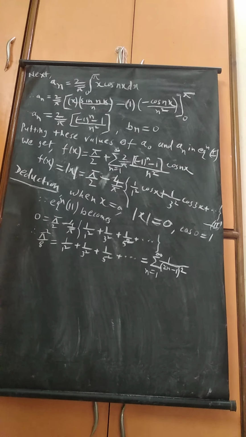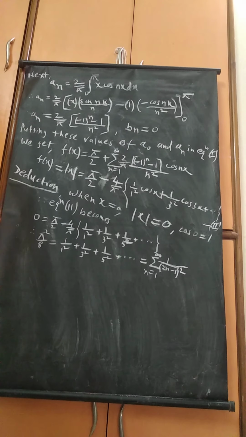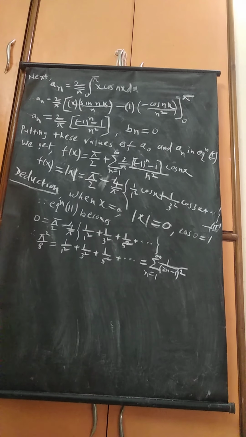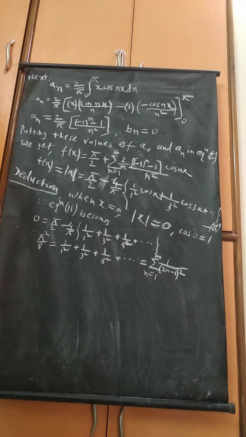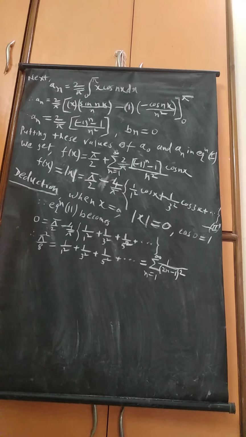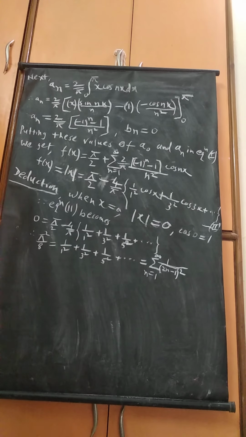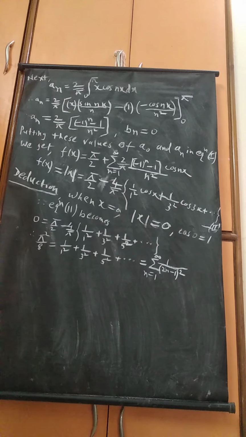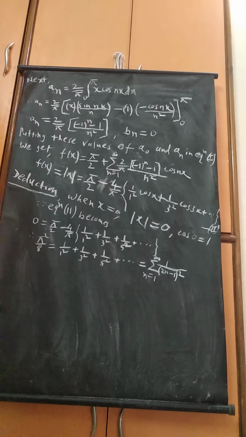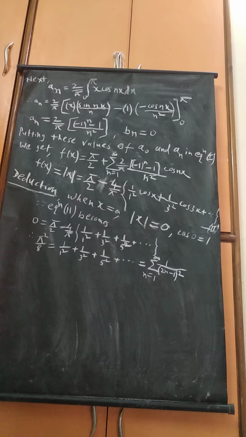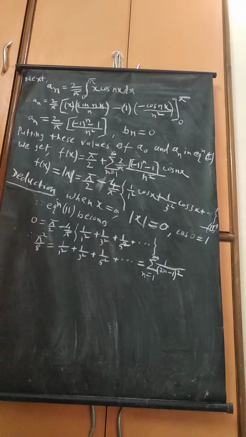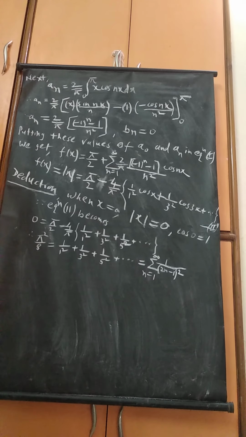Why? Because (-1)^n - 1 is equal to -2 if n is odd, and (-1)^n - 1 is equal to 0 for n even, and therefore for n equal to 2, 4, 6, 8, etc.